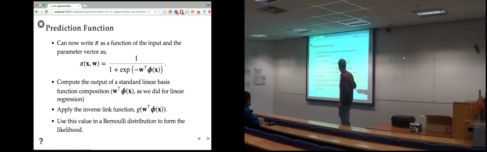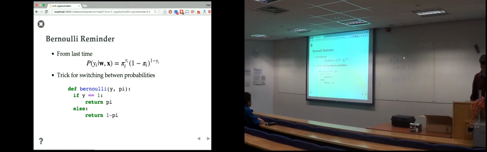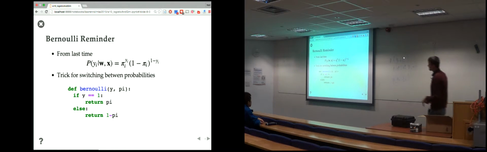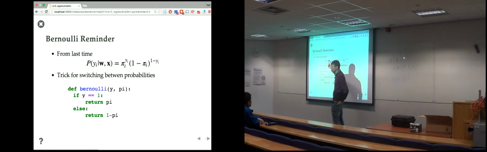Once we've got this, we use this value of the prediction function in a Bernoulli distribution to form our likelihood. Just as a little reminder of the Bernoulli distribution from last time: it was just a mathematical trick for giving us different probabilities according to y. Remember, y is binary in this case.